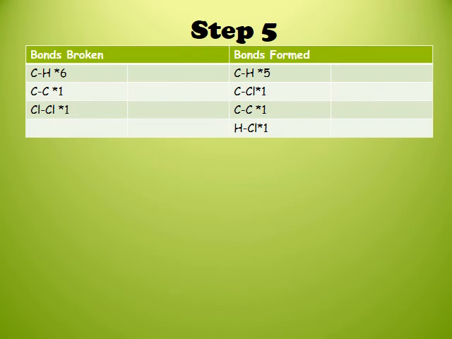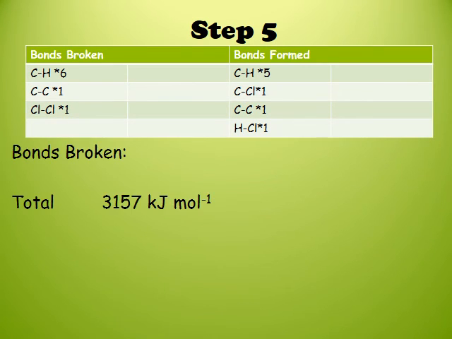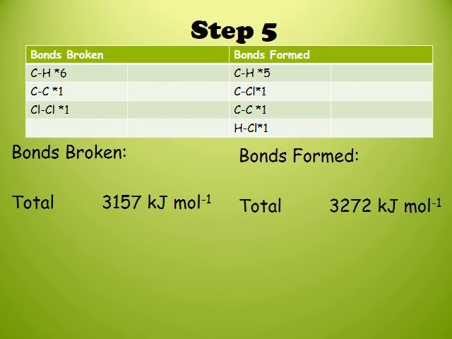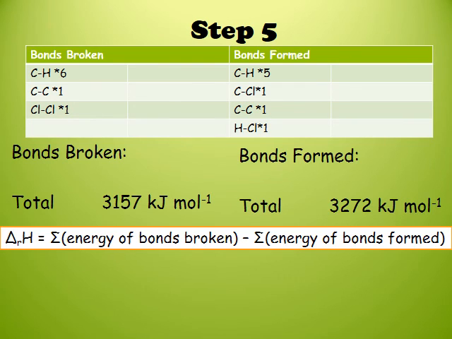Finally, in step 5, once you've done that, the bonds broken, of course, you've calculated are 3,157 kilojoules per mole. The bonds formed are 3,272 kilojoules per mole. So then it's a simple calculation that the change in enthalpy of reaction will be the sum of the energy of the bonds broken here minus the sum of the energy of the bonds formed, which is here.